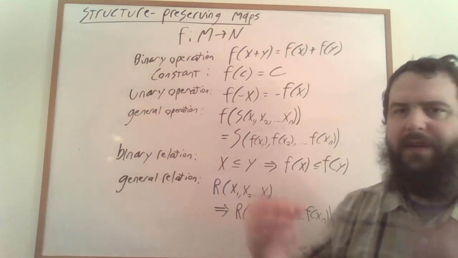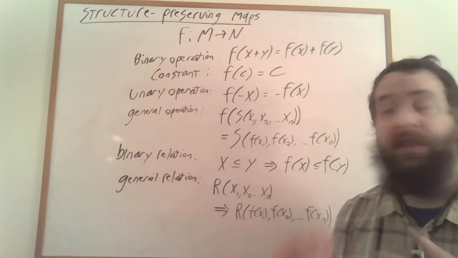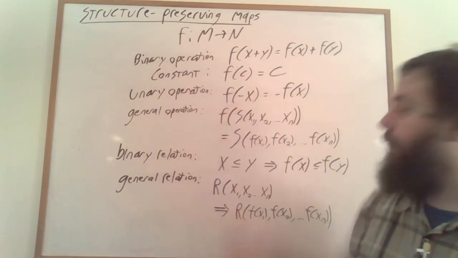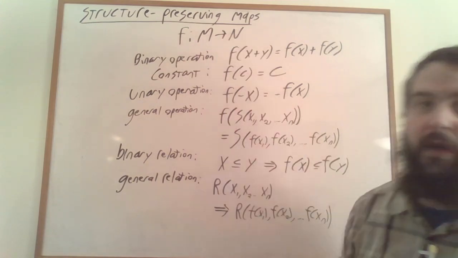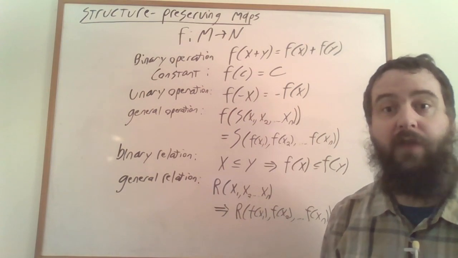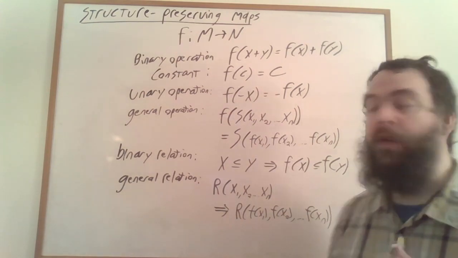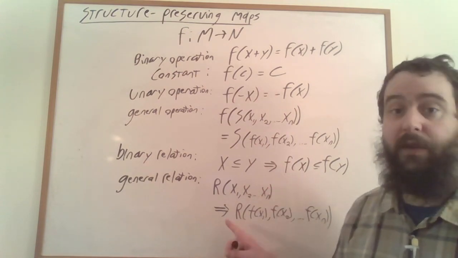Shouldn't we require an if and only if? Shouldn't we require a closer connection between the notion of R in one structure and the notion of R in another structure? How does it make sense to say that this function is preserving that structure? Well, first of all, if we're talking about isomorphism, we do want these to be if and only ifs, right?